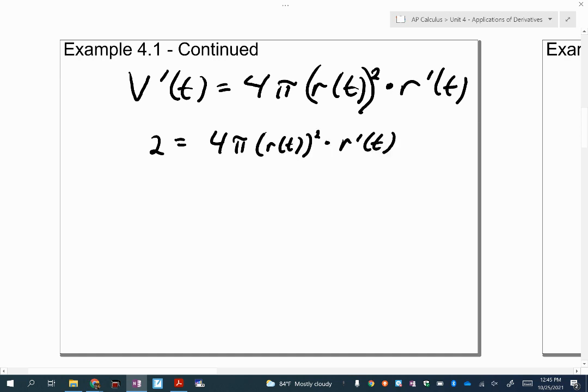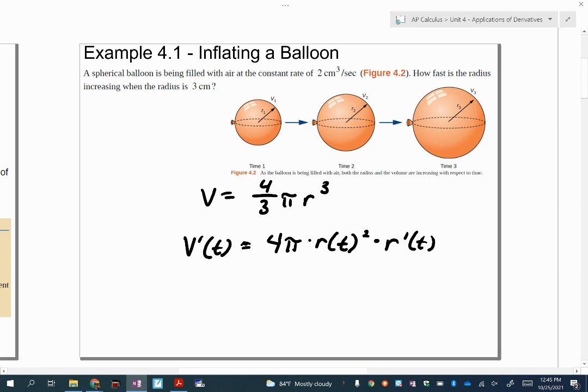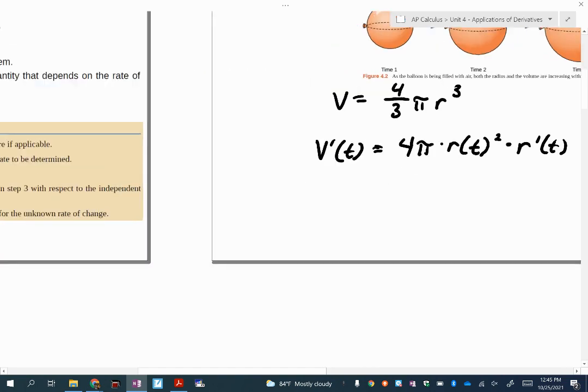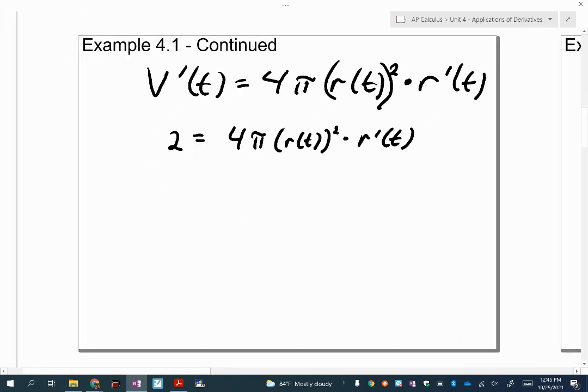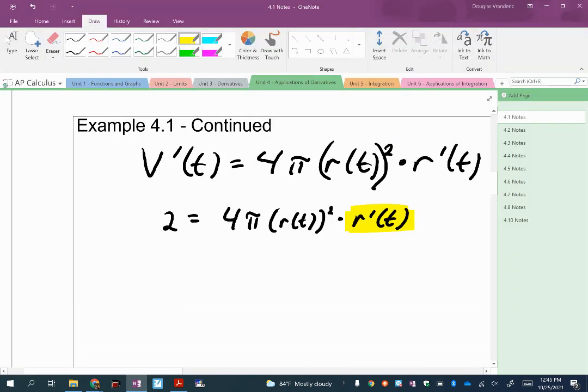Now at this point, I am ultimately trying to figure out, if you go back to the original question, how fast is the radius increasing when the radius is 3 centimeters? So essentially what I need to solve for is the change in the radius with respect to time. So I'm solving for this derivative of the radius.